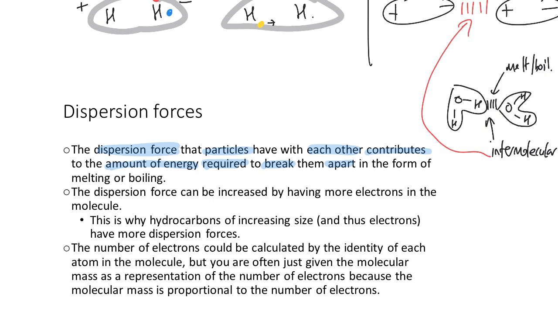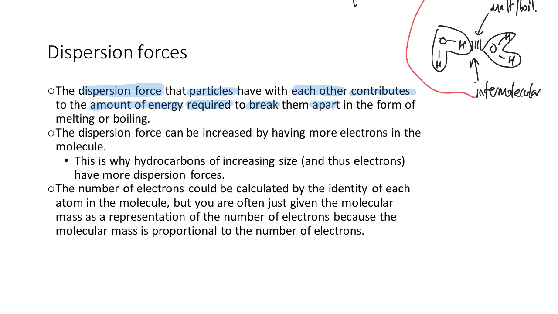That is the bond that needs to be broken for something to melt or boil, okay? Now, another key idea is that the dispersion force can be increased by having more electrons within the molecule, okay? So what does that mean?